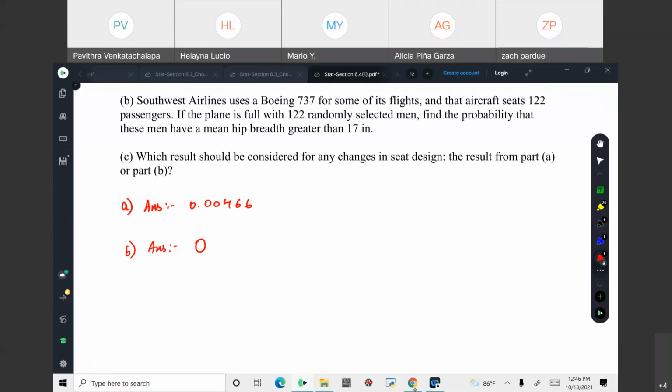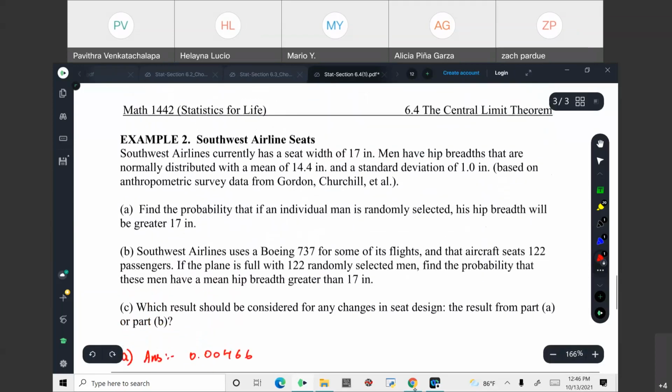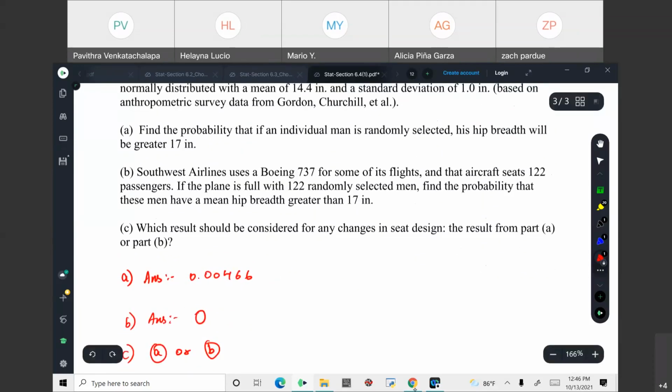Okay, and C, you have to choose which is better, A or B. Okay. So if you complete this, your section 6.4 is done.